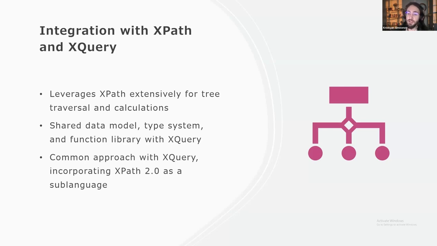XSLT shares its data model, type system and function library with XQuery, initially conceived as a query language for large collections of XML documents. XQuery is similar to making a query in an SQL or SQL type database.